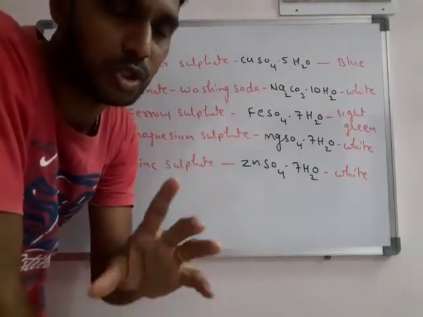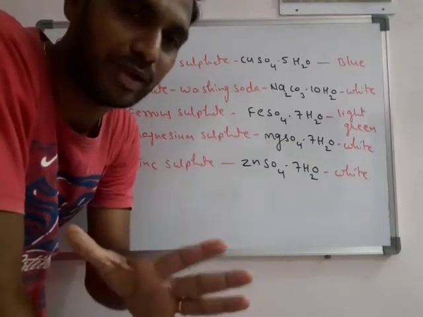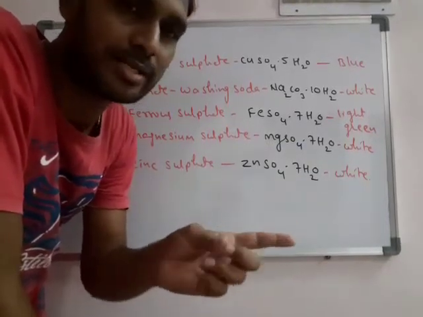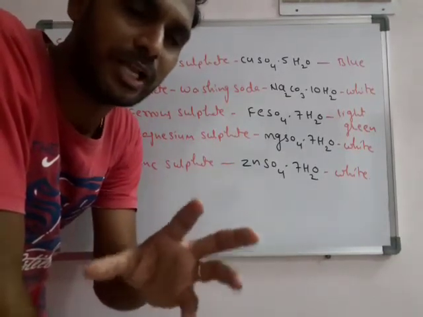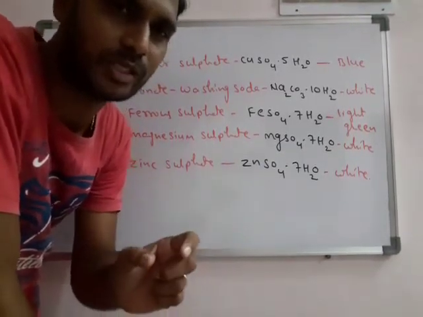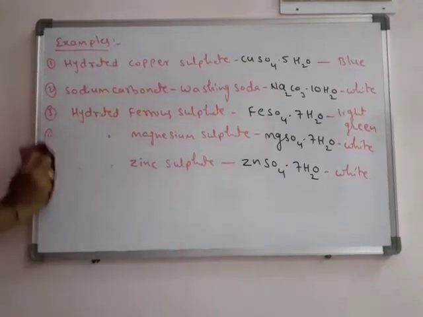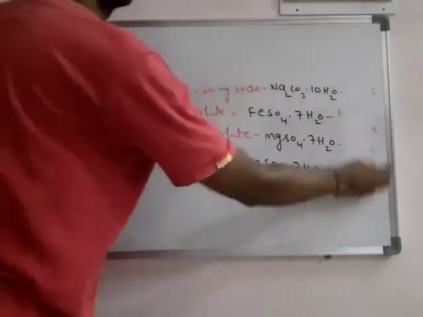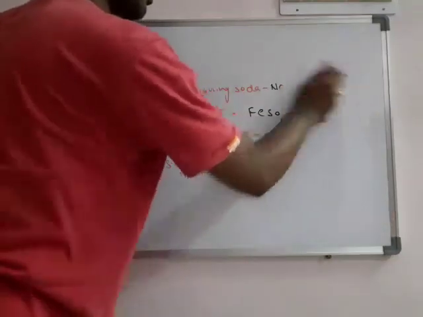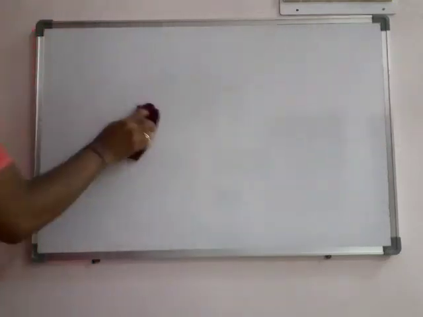Without water molecules, copper sulfate is colorless, white. When water molecules are added, it becomes blue. So we prove it with the help of an experiment. So now we see the experiment.